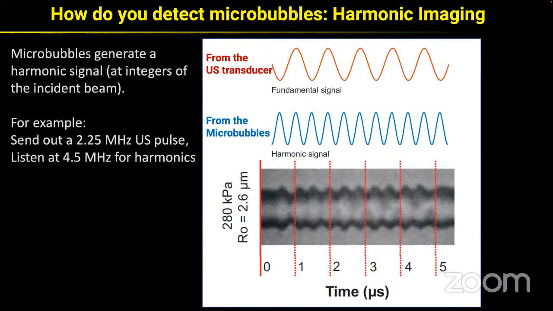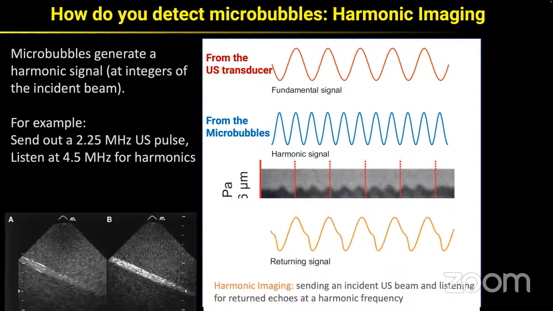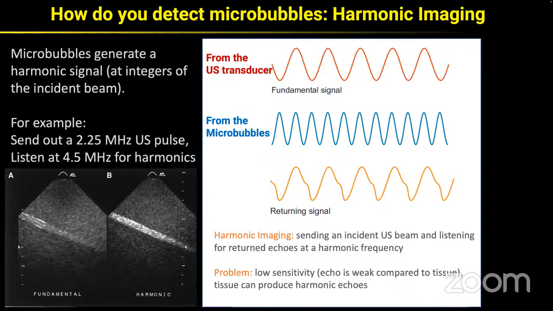So microbubbles generate a harmonic signal. So these are integers of the incident beam. And so if we take a look here, this is our waveform from the transducer, we can see that microbubbles expand and contract at different frequencies, which is key to how we actually started detecting them.